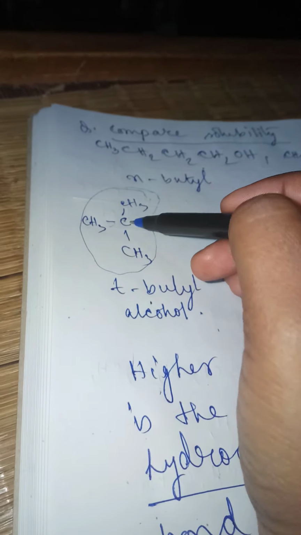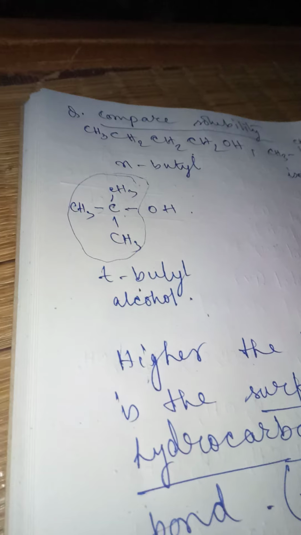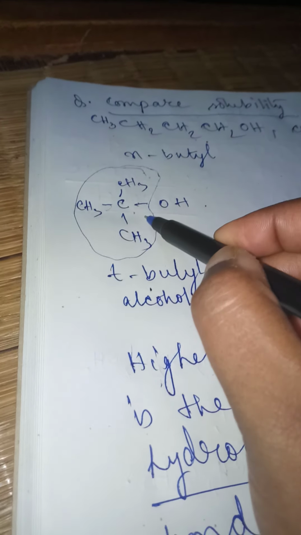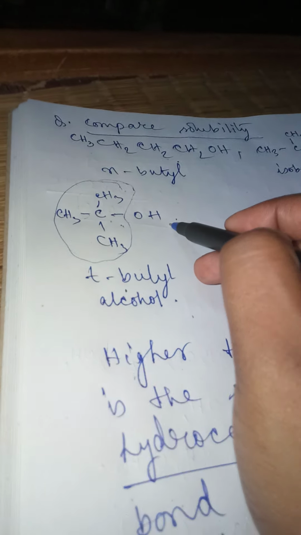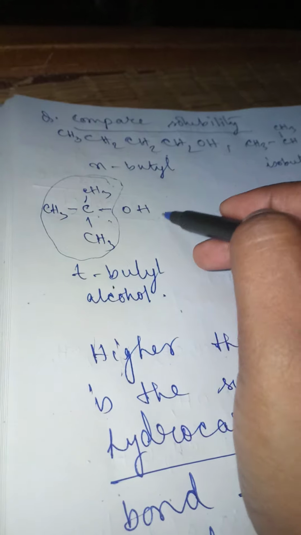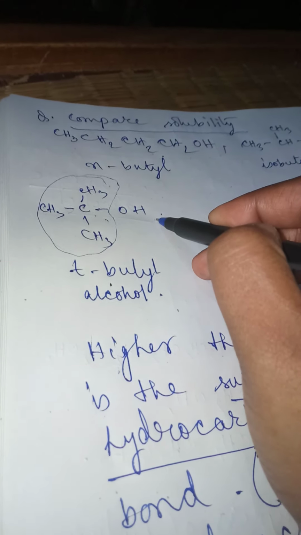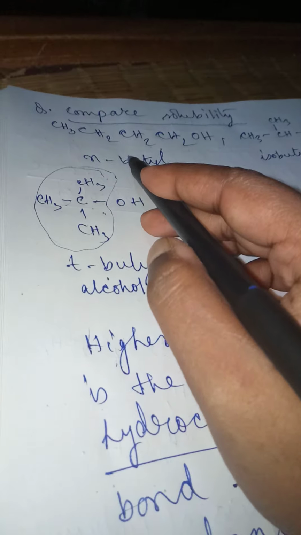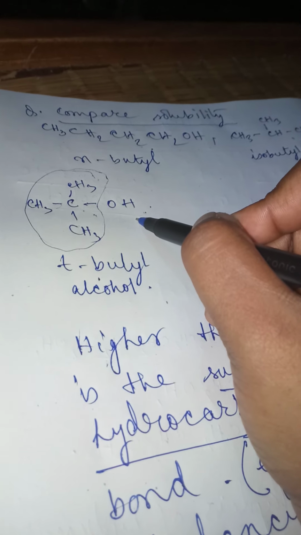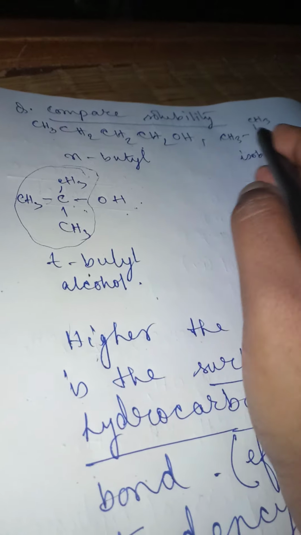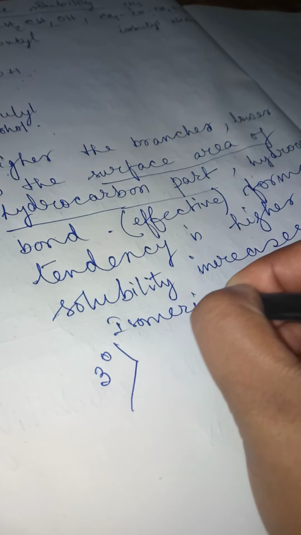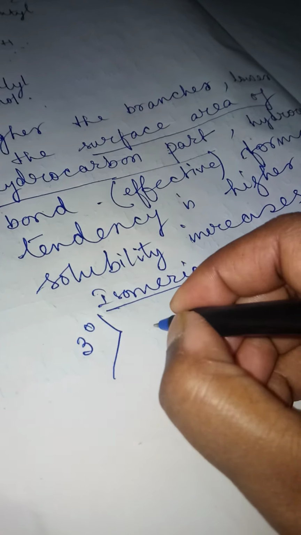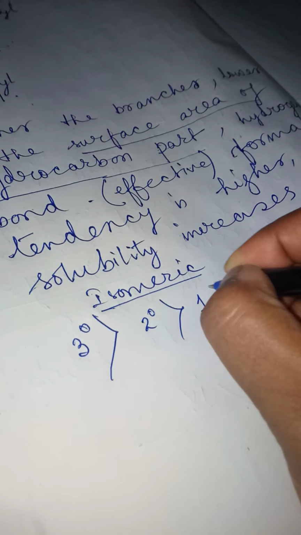So we can understand the surface area of this hydrocarbon part is smaller than this one. As the surface area decreases, this hydrocarbon part will disturb less in forming the effective hydrogen bond. Hence this molecule will form the effective hydrogen bond more easily than the other one. Therefore it will be soluble in water more easily. For isomeric alcohols, I am telling you again and again, tertiary alcohol will be more soluble than secondary, than primary.